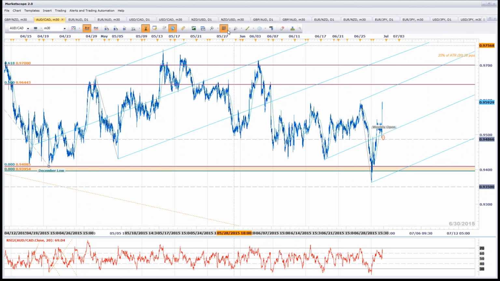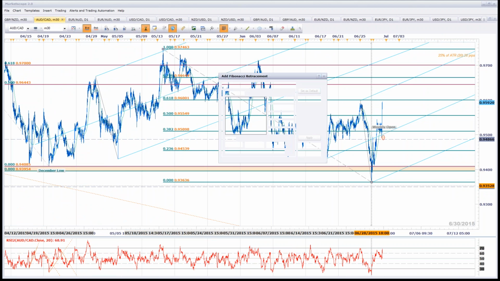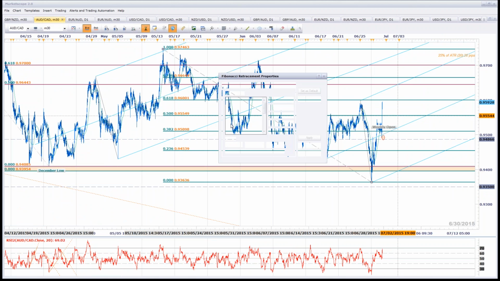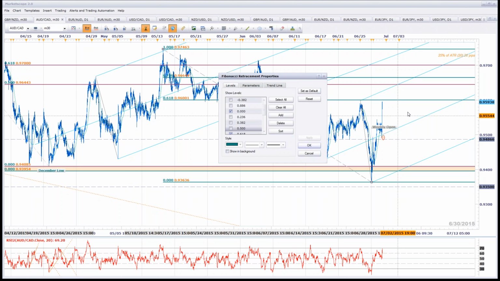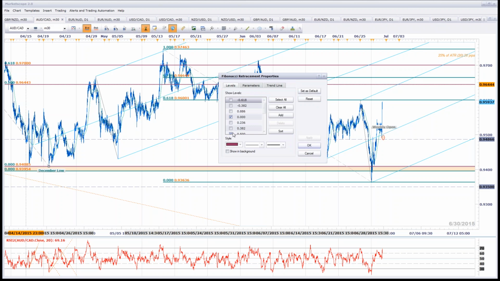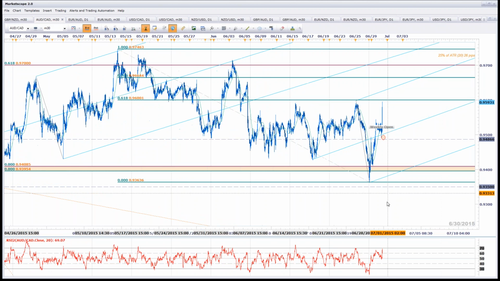I don't want to mess with that one, so I'm just going to watch this. 96.18, 96.00 near-term resistance. All right, so those are the levels I'd be looking at near term for Aussie CAD, guys.